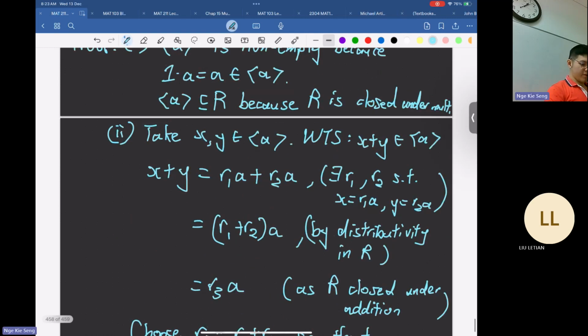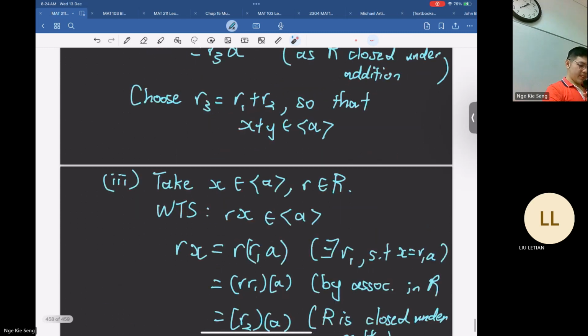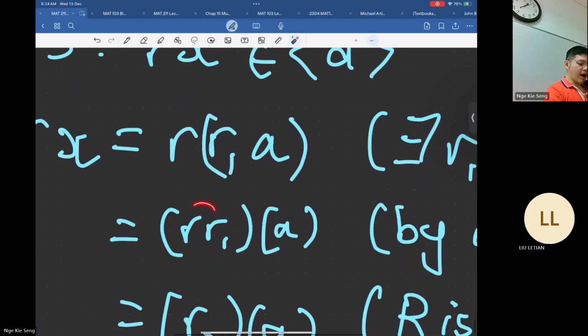To show that something is in this set, what do you need to show? You need to be able to write it in the form of r times A, an element of the ring times A. But here it is r r1 times A. So how do you make sure r r1 is an element in the ring?